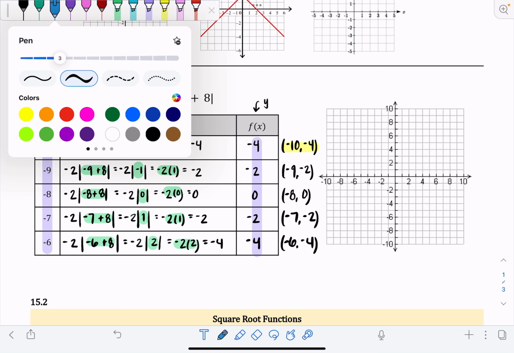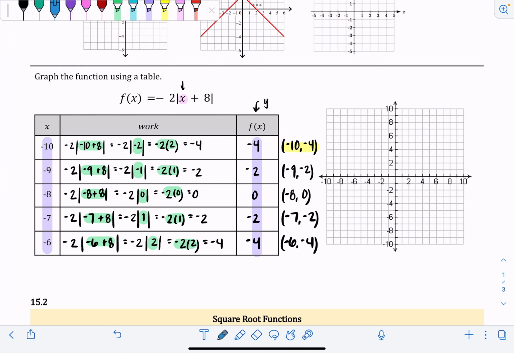So since my first number is -10, I would go left 10 to right here, and then I would go down 4 to right here. So left 10, down 4 right here, and then for my second point, it's -9, -2, so I would go left 9 and then down 2 and end up right there.